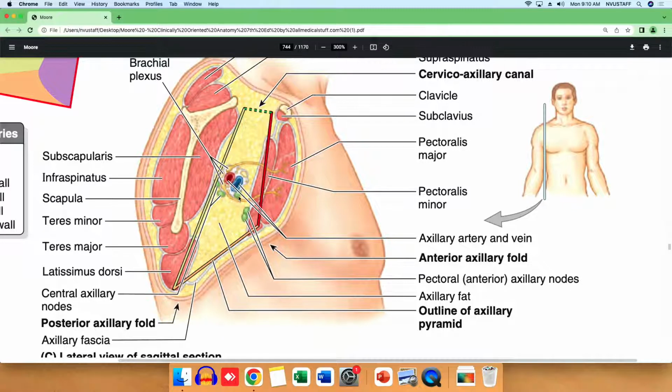This is part of the brachial plexus, which I told you passes from the cervical region of the vertebral column, because it contains, as you remember, the spinal cord, a part of the central nervous system, passing down towards the axilla through the apex, this cervico-axillary canal, and then this innervation passes to the whole upper limb.